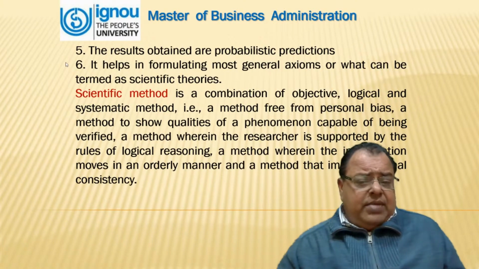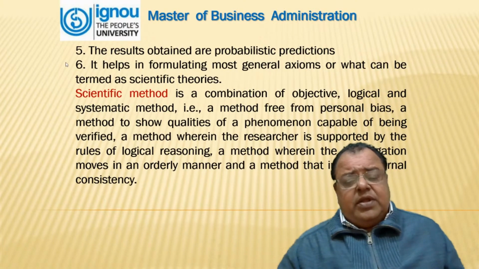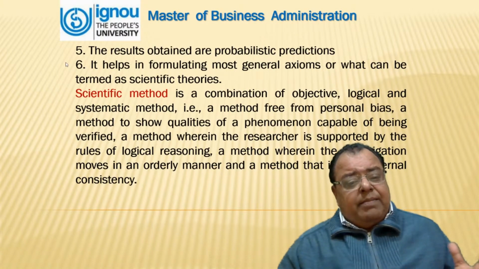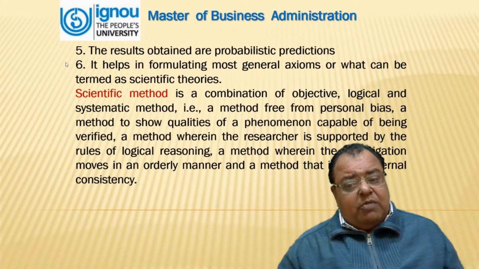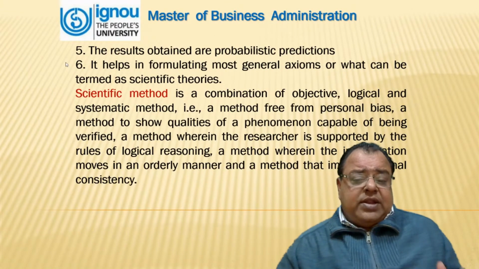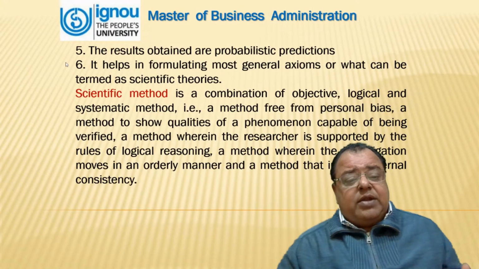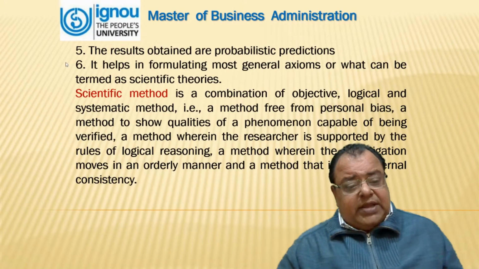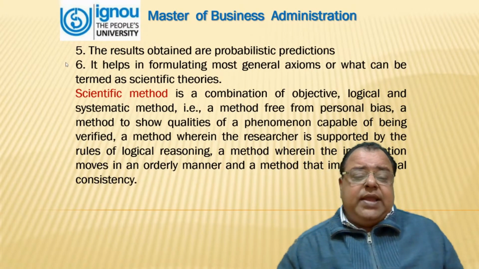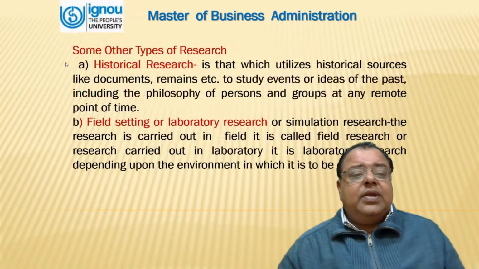The scientific method is a combination of objective, logical, and systematic methods. That is, a method free from personal bias, a method to show qualities of a phenomenon capable of being verified, a method wherein the researcher is supported by the rules of logical reasoning, a method wherein the investigation moves in an orderly manner, and a method that implies internal consistency.